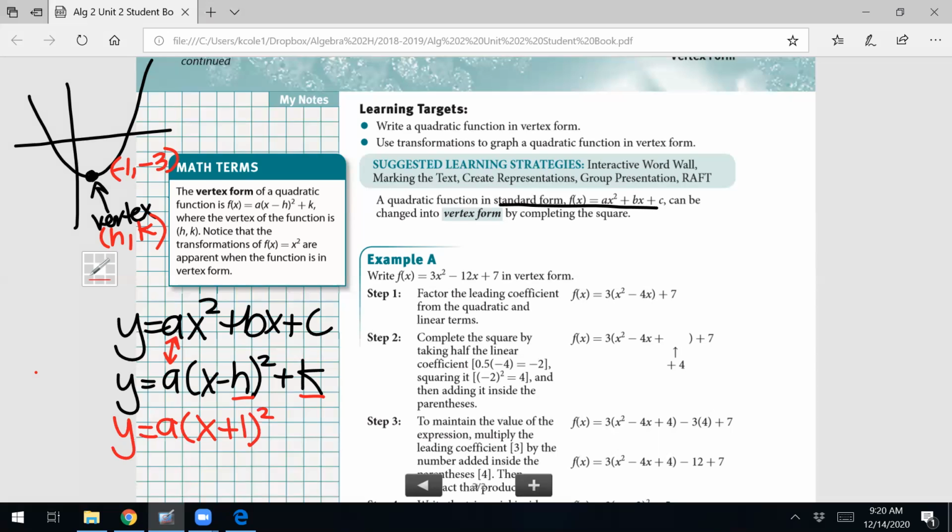And then k is negative 3, so instead of saying plus negative 3, I say minus 3. Now, a will obviously be a number depending on the stretch. Remember, if your parabola is just normal, its a is 1, but it can become more narrow or wider. a controls the width of your parabola.